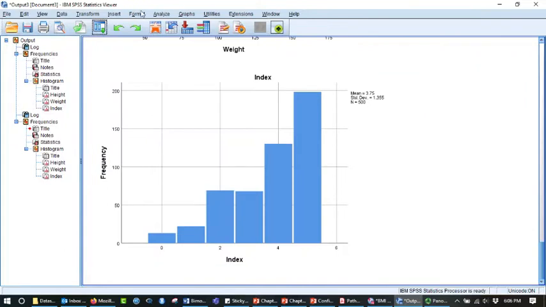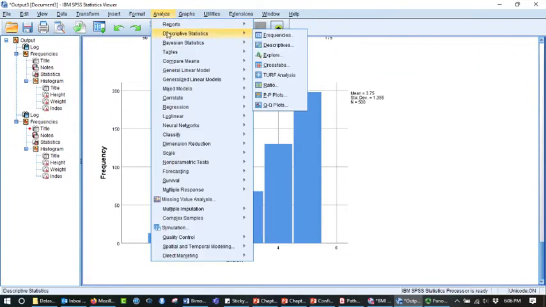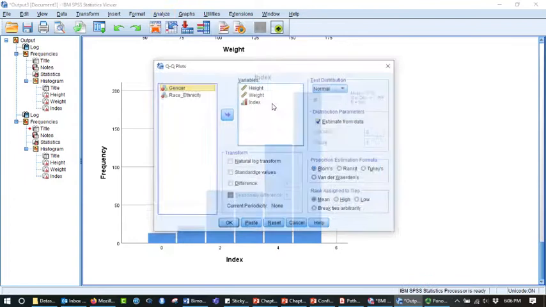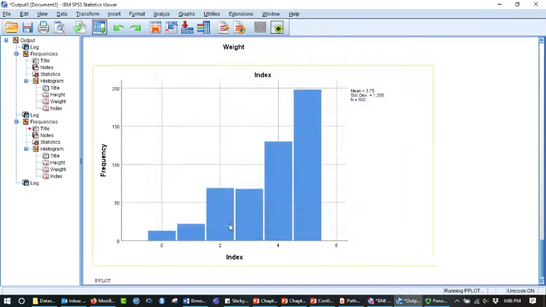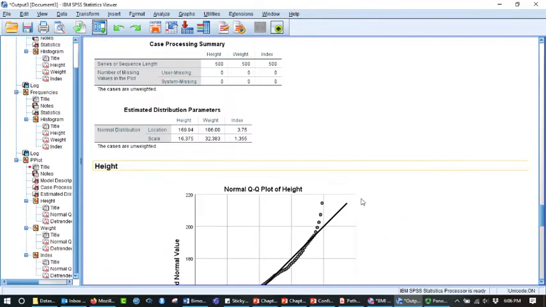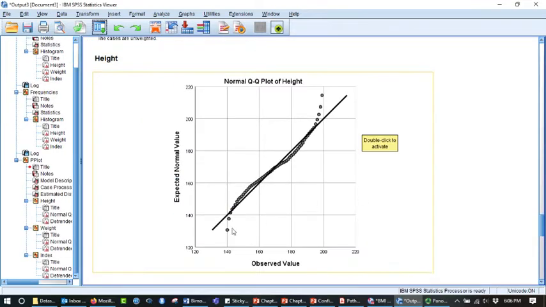Alright, so the other thing I'm going to have you do is a QQ plot. I've got it auto-populated. You can click on height and hold down shift, hit index, and it'll grab all three. Let's bring it over and see what we get. If it were completely normal, these would line up on the line.